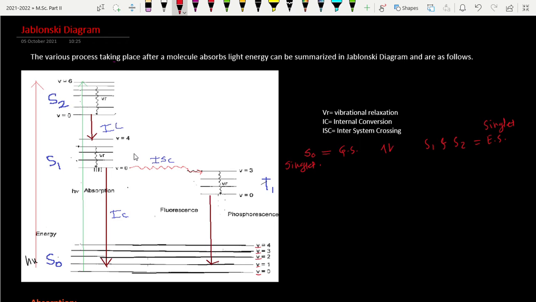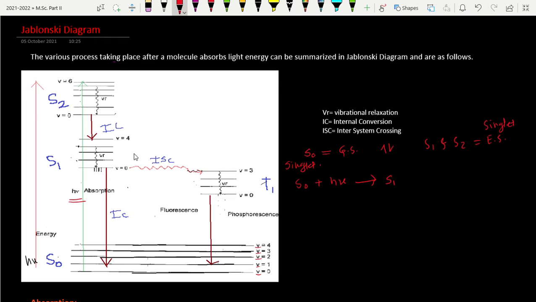Here we consider when the ground state absorbs energy, that is hν. The first step is absorption. The molecule absorbs energy hν, and due to this absorption the electrons are excited to the first excited state, that is the singlet excited state. S1 stands for the first singlet excitation.